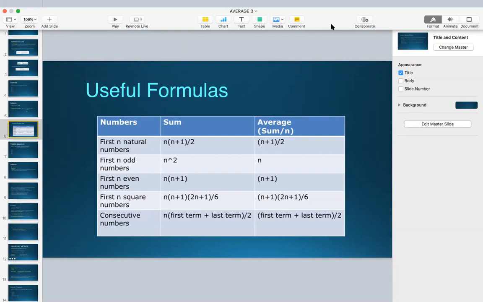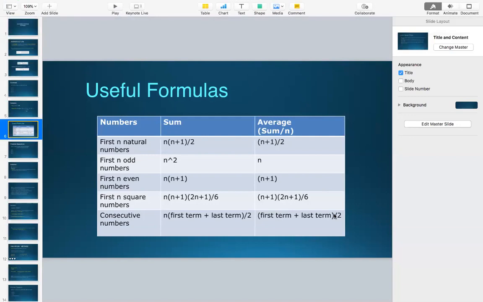Now, is this particular series a series of consecutive numbers? Yes, this is a series of consecutive numbers. And if so, what would have been our approach to calculate the average? We could have simply gone with the very last formula, which says first term plus last term whole divided by 2.